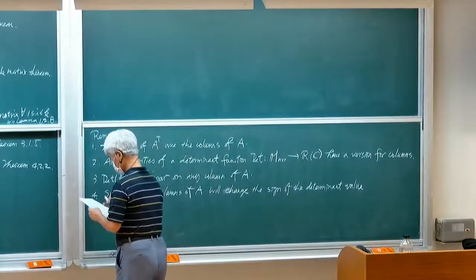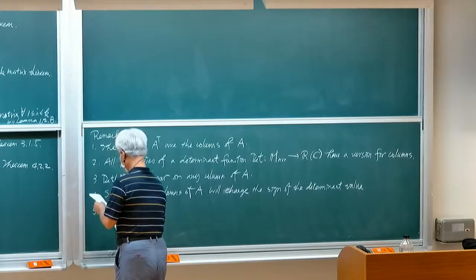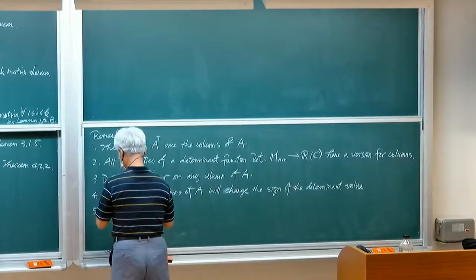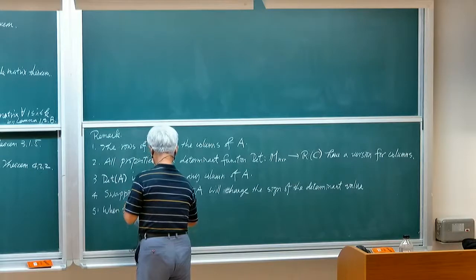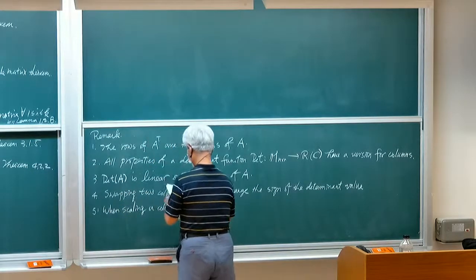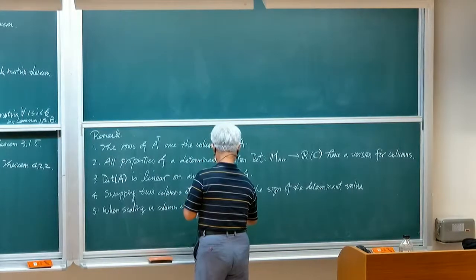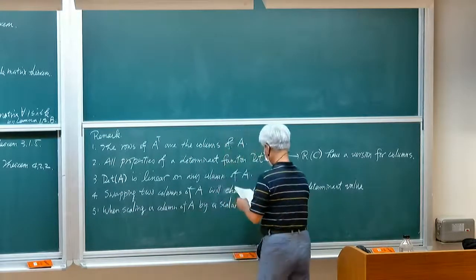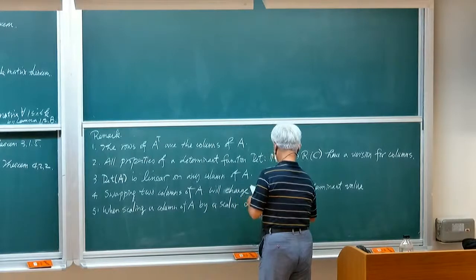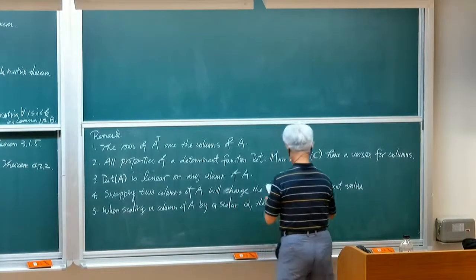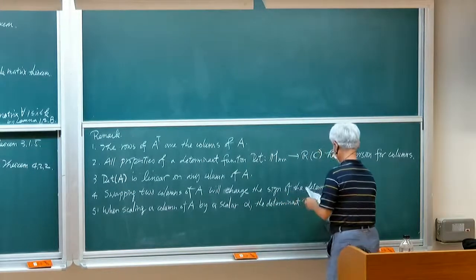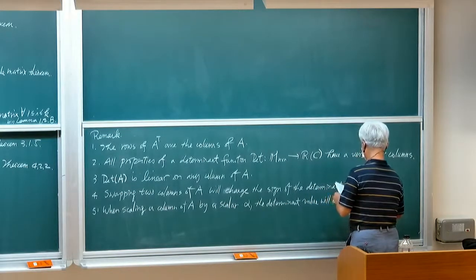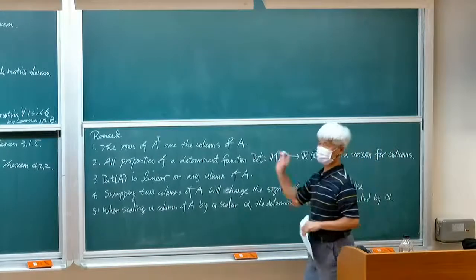And so when scaling, which I have said already, when scaling a column of A by a scalar alpha, the determinant value will be multiplied by alpha. Okay, the same.